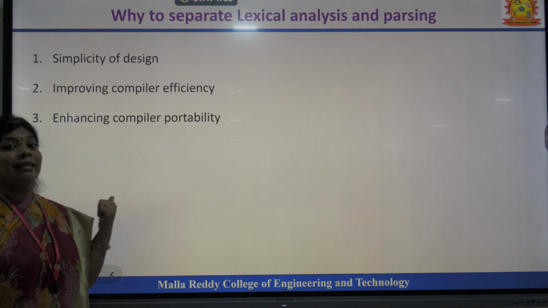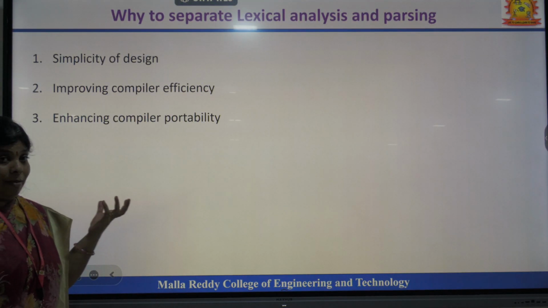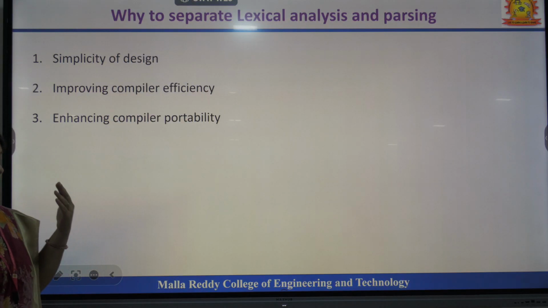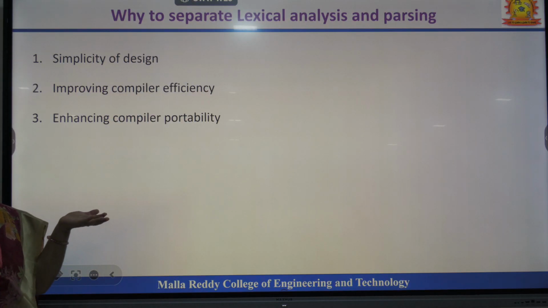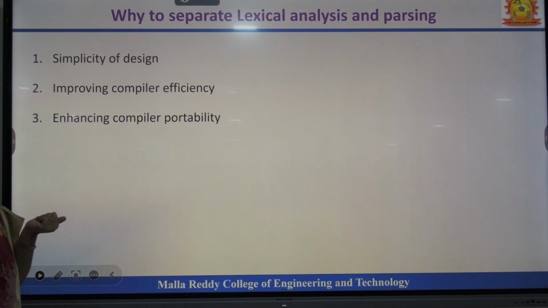Why are we separating the lexical analysis from the parser? In parsing we are constructing the parse tree, where we are checking the syntactical meaning of each instruction in the given source program, whereas in the lexical analysis phase, we identify what tokens we have in that particular source program, what small strings are present in the given program.